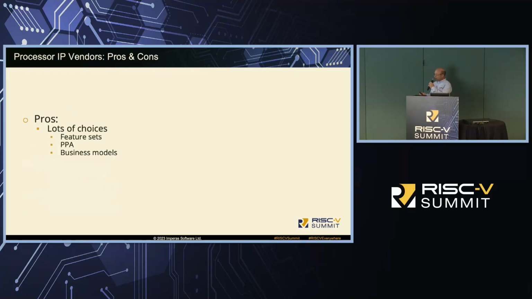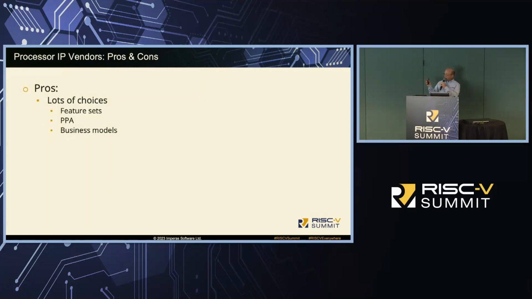So taking a look first at processor IP vendors and the pros and cons of choosing one of the processor IP vendors. There are lots of choices. I listed, I think, maybe a dozen in that previous slide, but if I count them up, there are probably closer to 36 different processor IP vendors in the RISC-V community.